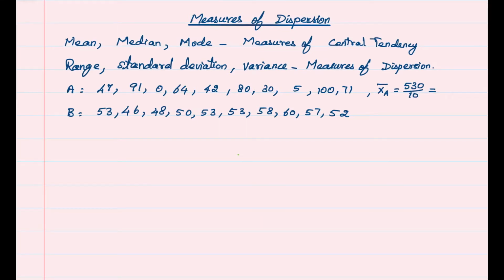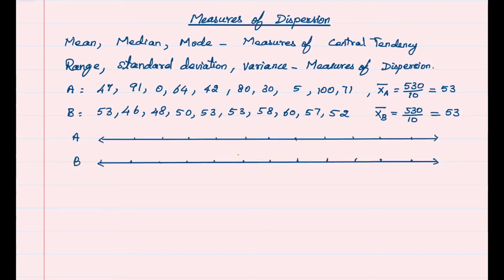So divided by 10, the mean marks obtained by student A is 53. Let us calculate for student B. Here also the total is 530 and 10 tests are there. So divided by 10, the mean for student B is also 53.